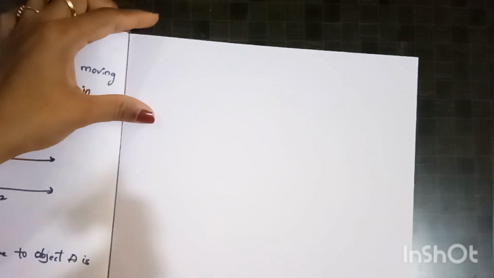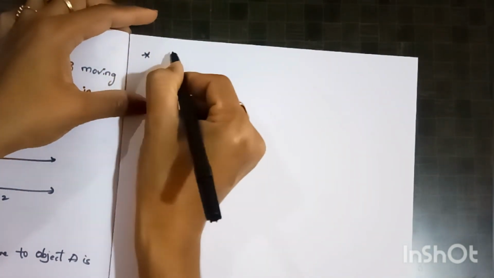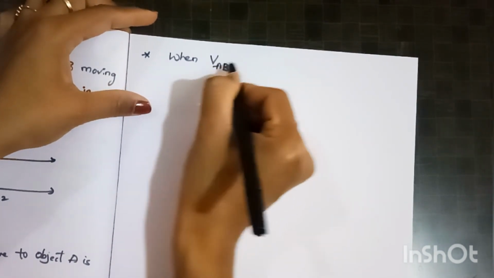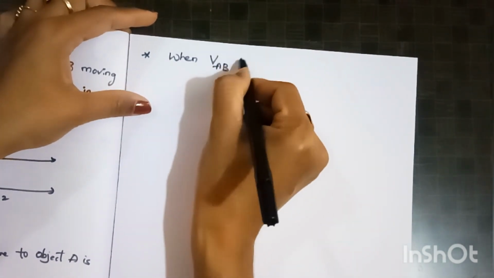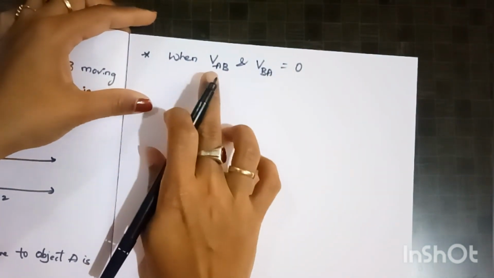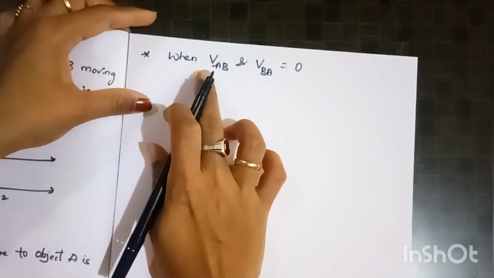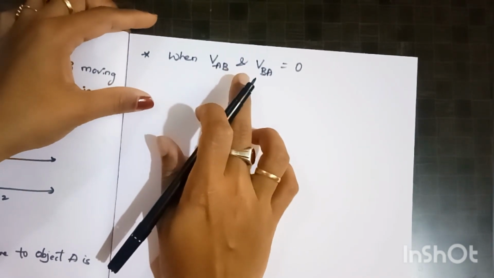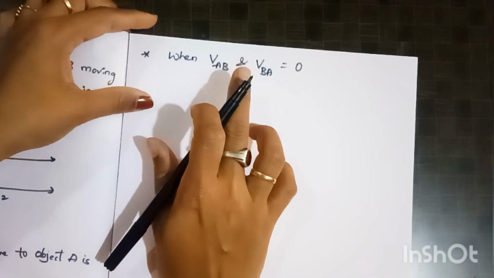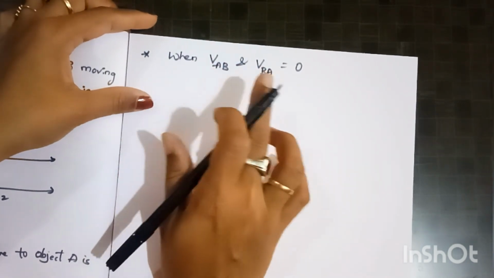There is one special case based on relative velocity, when VAB and VBA are equal to 0.